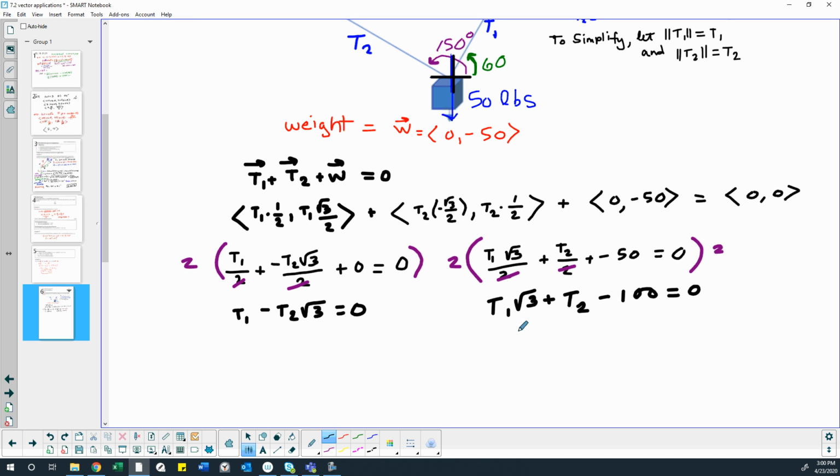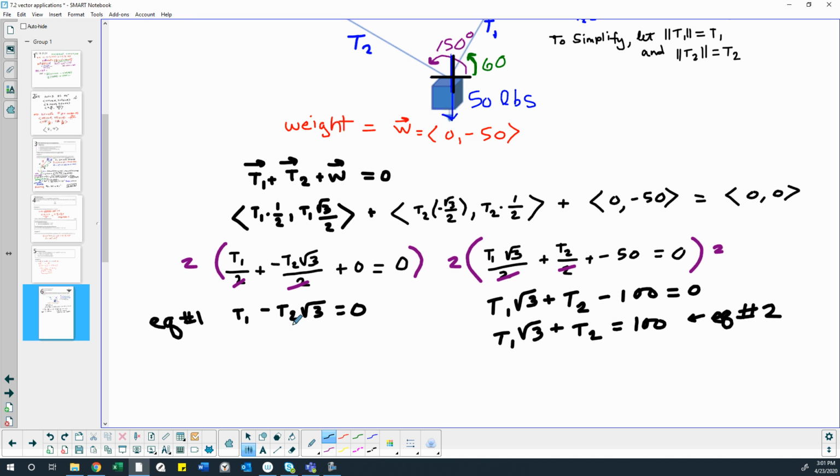Okay, I'm going to go ahead and move the 100 to the other side. So here's system of equations number 1. I'm going to call this equation number 1, and we're going to call this one equation number 2.